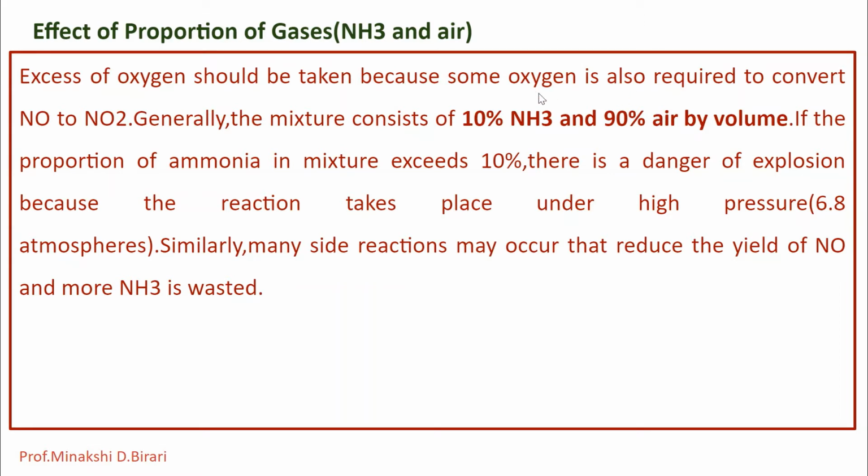So the proper proportion of gases is 10% NH3 and 90% air by volume to convert NH3 to NO. It is observed that a mixture containing about 10% NH3 by volume is most suitable. If the ammonia concentration increases, side reactions may occur producing N2 instead of NO. Therefore, in the oxidation of ammonia with air, the concentration of NH3 must be properly adjusted.